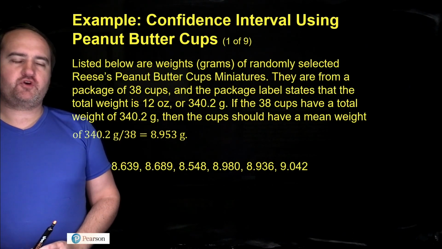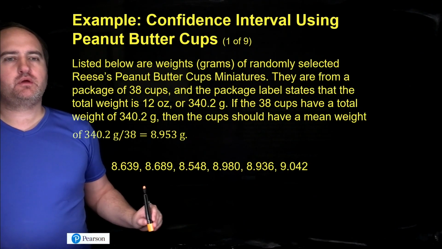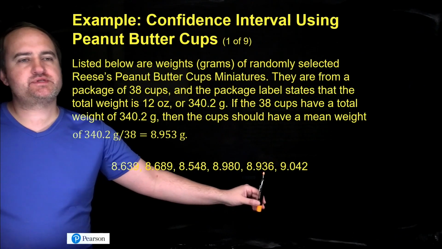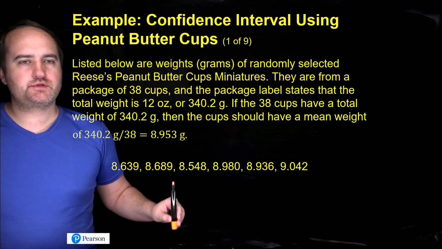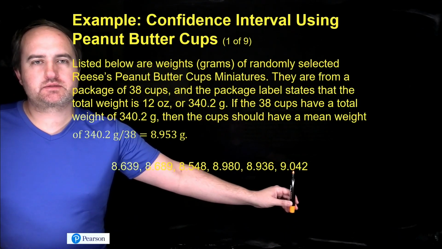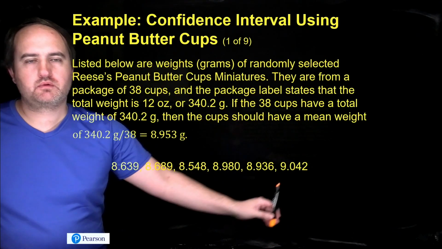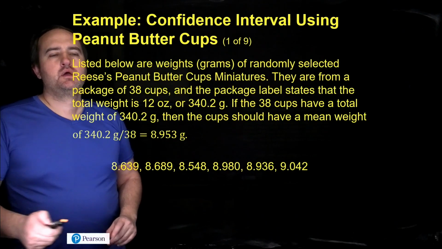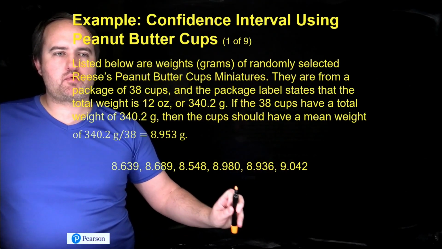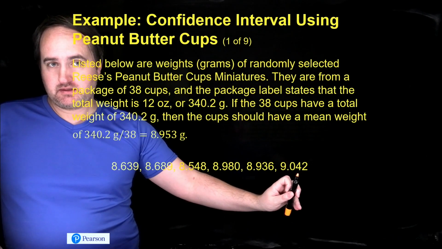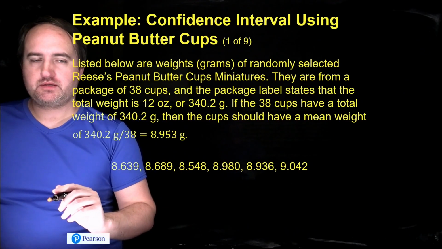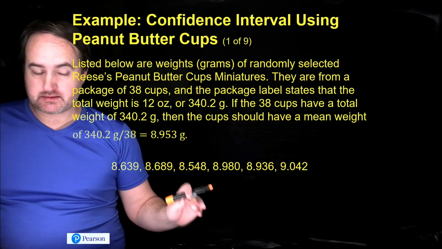And then for convenience, they actually included the weight of, here they've only selected 1, 2, 3, 4, 5, 6 of the cups. Because there are 6 data values in our little sample, that means right off the bat we know n is 6.